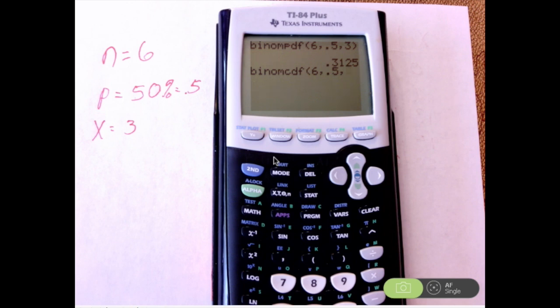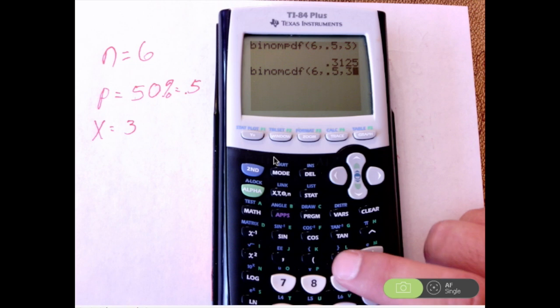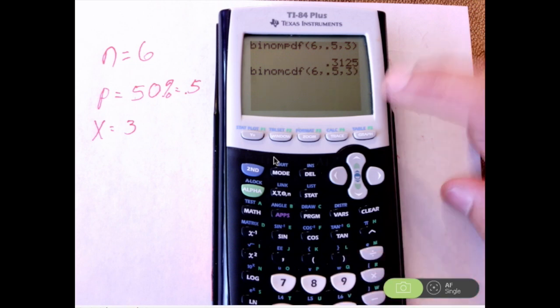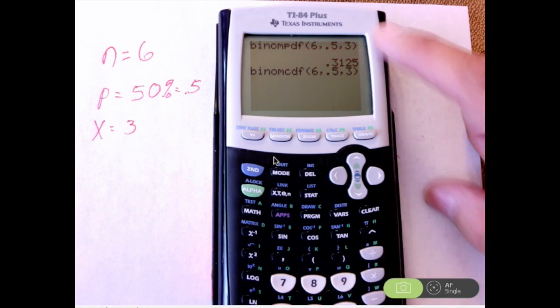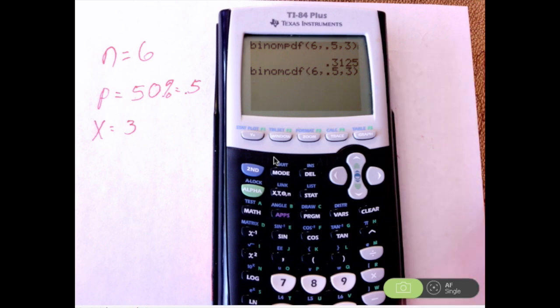So in this example, I want to know what's the probability of getting 3 or less heads. So I'm going to type in 3 again. Notice it looks very similar to the last example. But when we press enter, we definitely get a different number because this is adding all the probabilities of 0 heads, 1 head, 2 heads, and 3 heads all together at once.